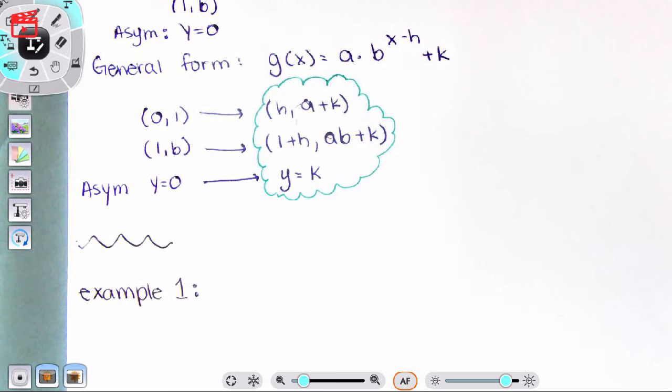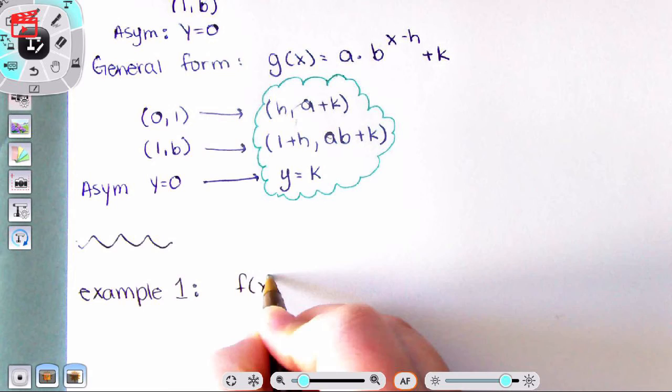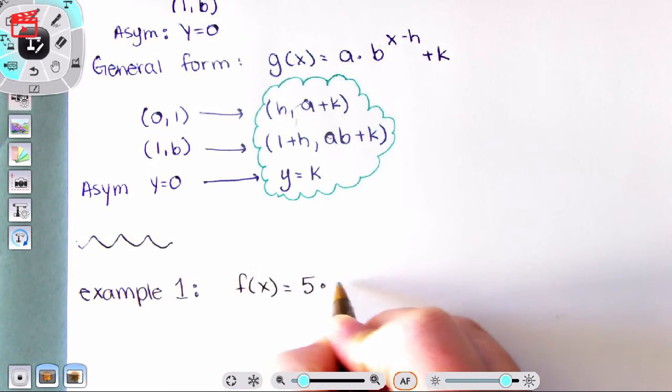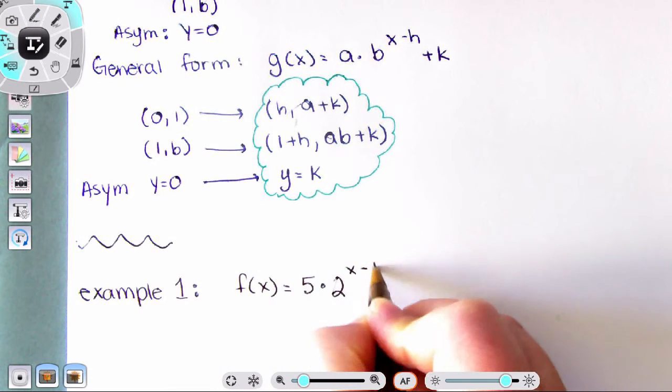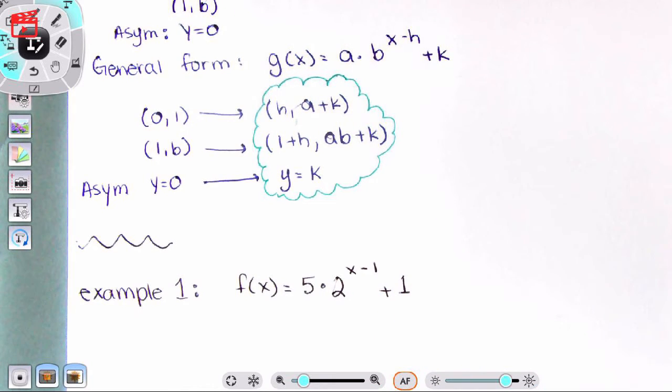Excuse me for that moment of hesitation. So example number 1, let's start with f of x is equal to 5 times 2 to the x minus 1 power plus 1. Our goal for example 1 is to graph the given function.